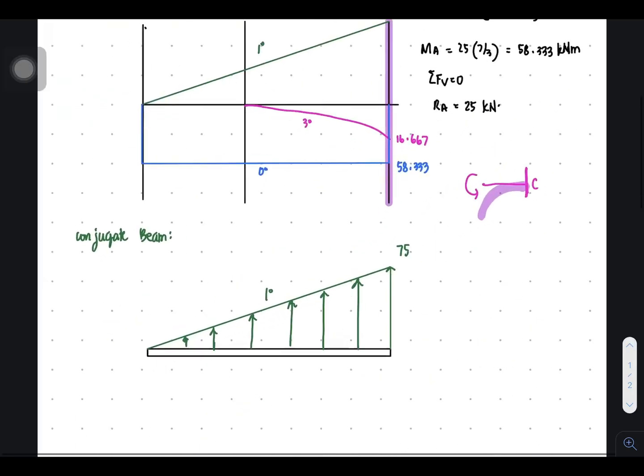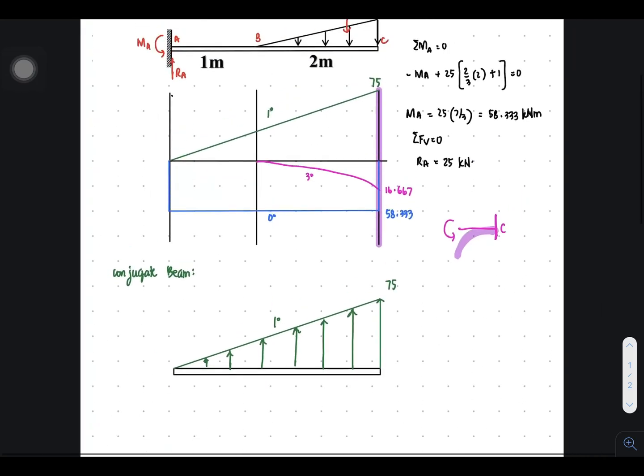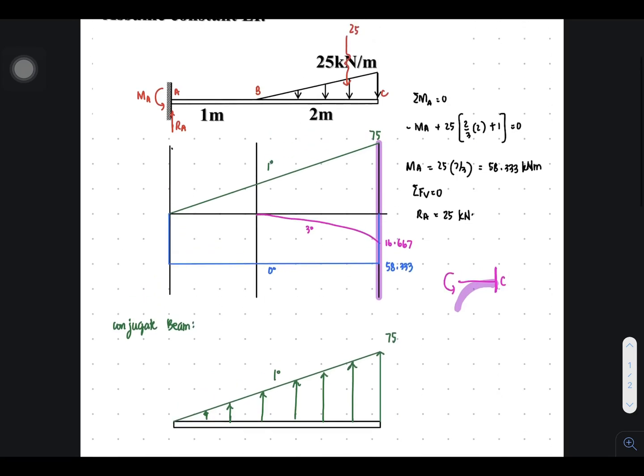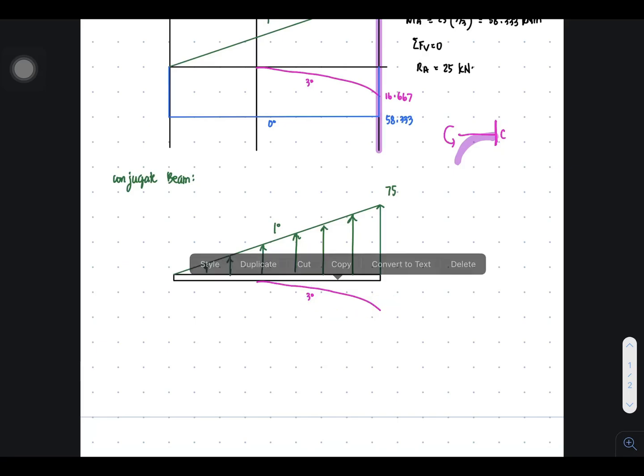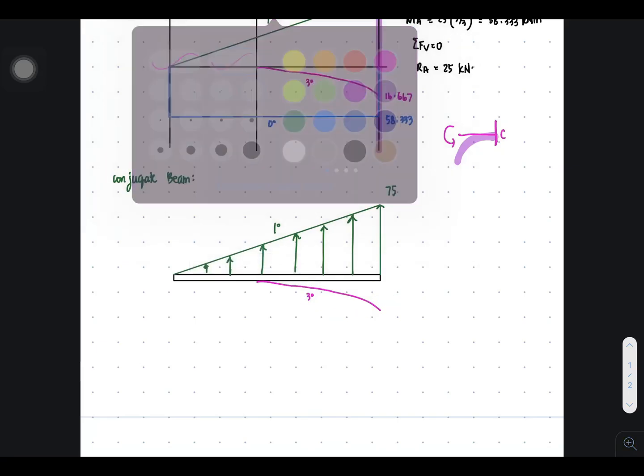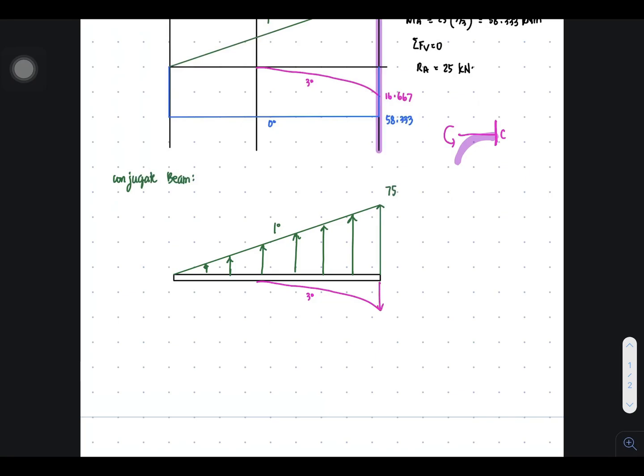Okay. Right. So, next, copy this load. So, I'll just copy that load and paste it here. And of course, you write a downward direction, because it is a negative moment.